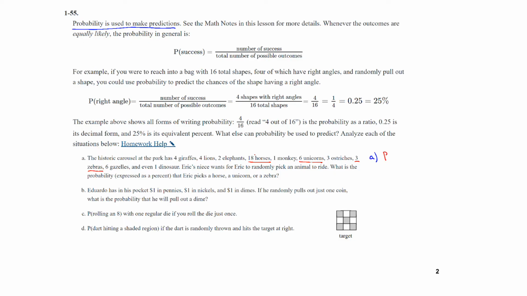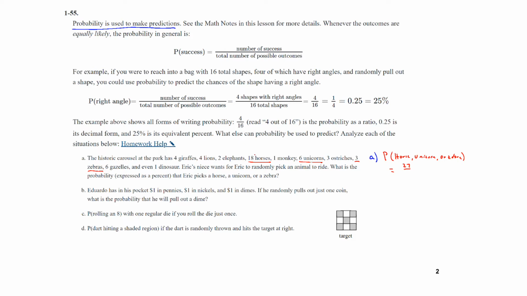So the probability of getting a horse, a unicorn, or a zebra is equal to 27 out of a total of how many animals can you choose from.